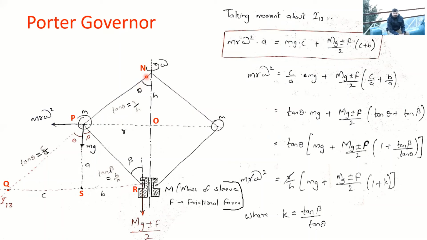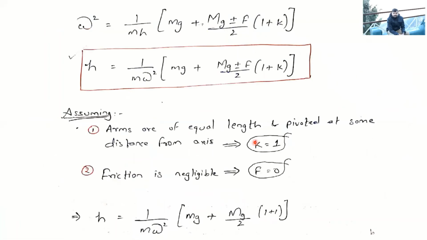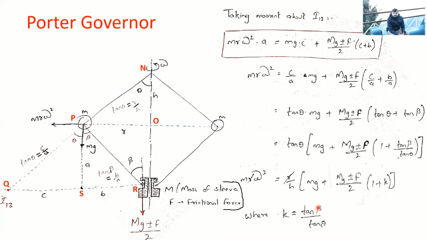That is, the arms do not rest on the spindle, but there is some eccentricity. In that case, the value of theta and beta would be equal. Once these two become equal, the value of k will be 1. Why? Because tan theta and tan beta are equal, so this will become 1.